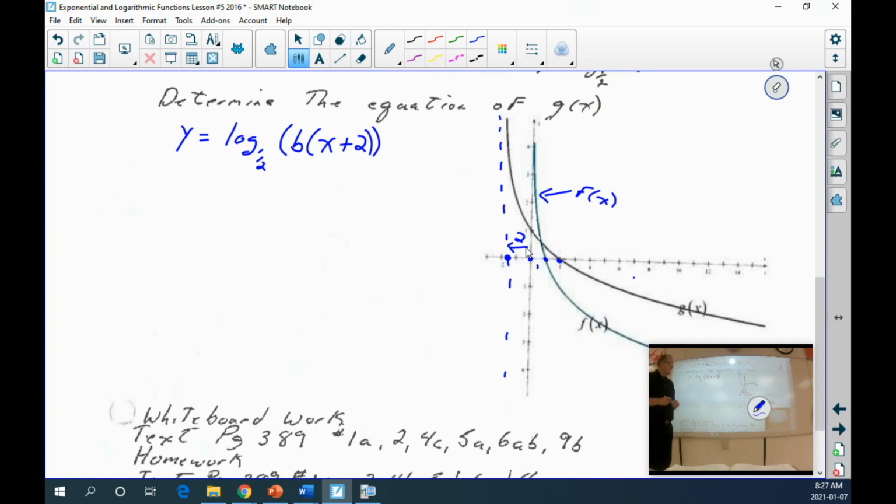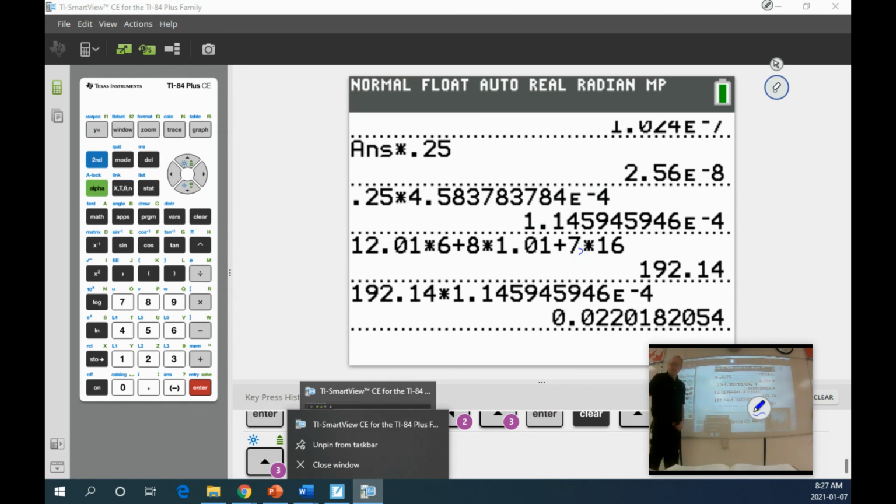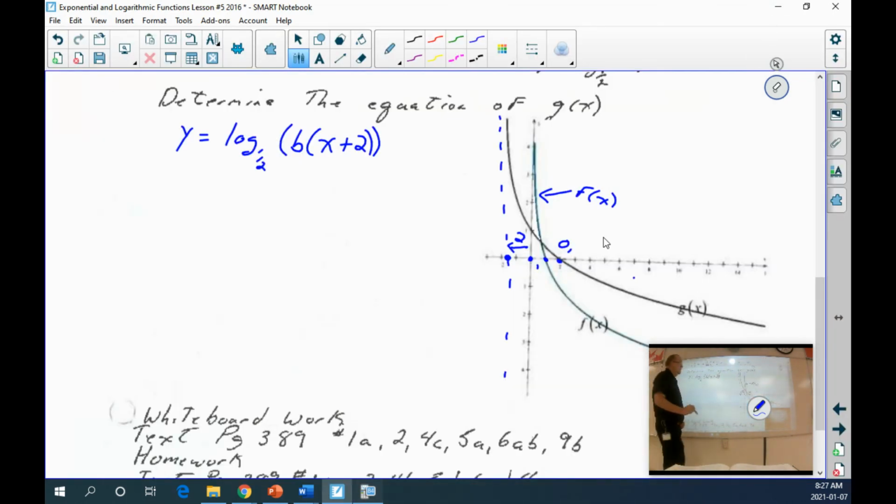Let's see if we can make sure. We have this point 0, 2. Let's plug these in. 2 is equal to log base 1/2 of b(0 plus 2).